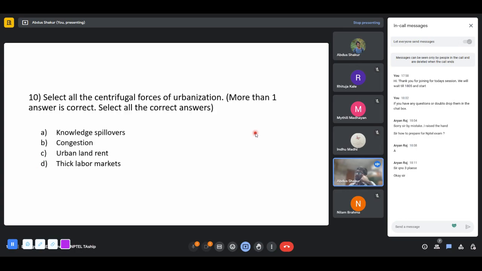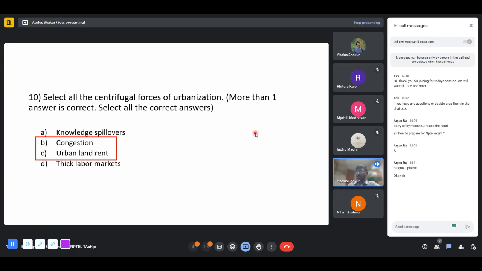So, the so-called centrifugal forces of urbanization. What are some of those things that cause urbanization to happen with centrifugal forces? Urbanization of an area leads to much more urbanization, congestion, and rising urban land costs.